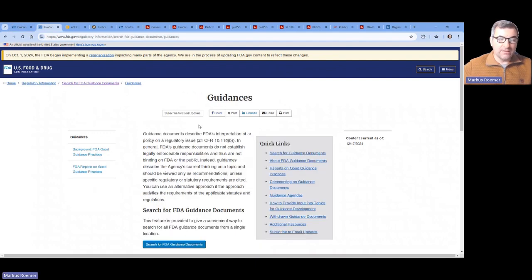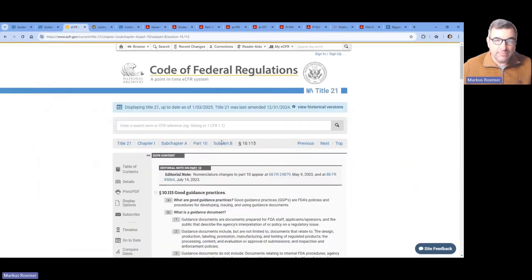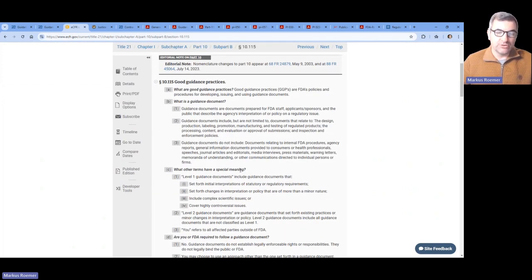You will find a full list of these guidance documents also on the website of the US FDA. And here you also see within the Code of Federal Regulations, Part 10, Subpart B, what a guidance document is, how it should be structured, what kind of meaning it has.